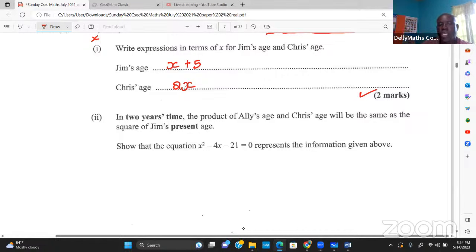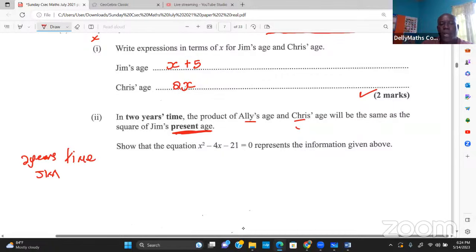Let's go again. In 2 years' time, the product of Ali and Chris' age will be the same as the square of Jim's present age. This is the trouble. So watch this now. We're talking about 2 years' time.